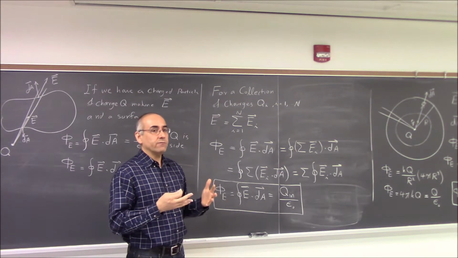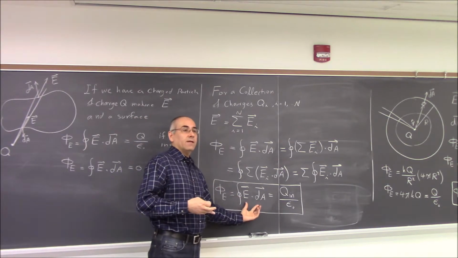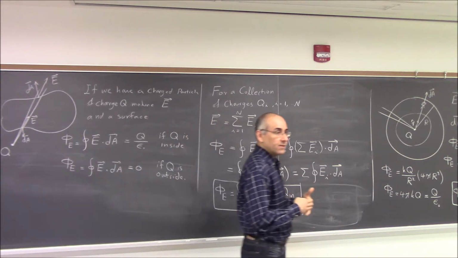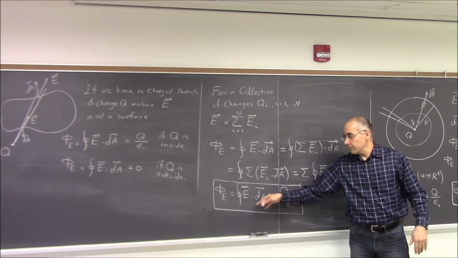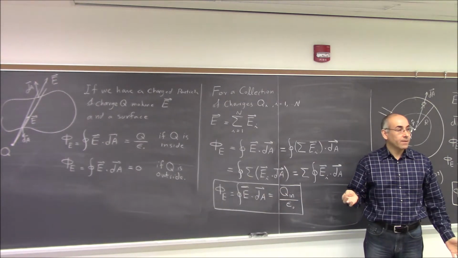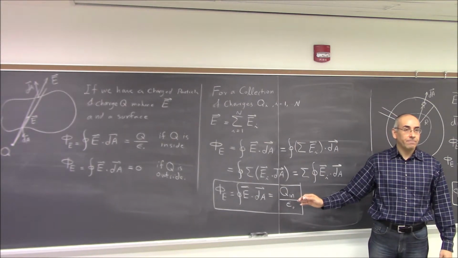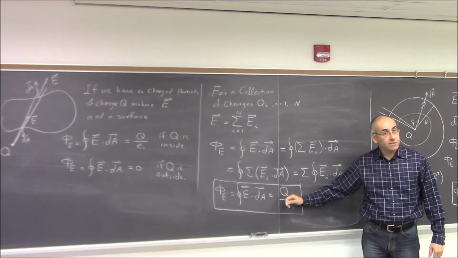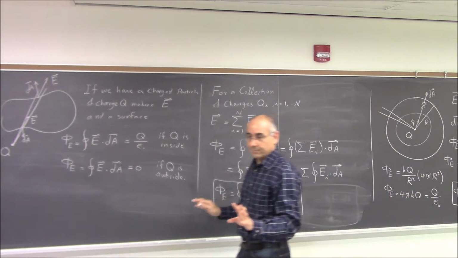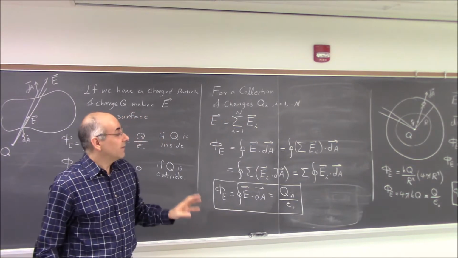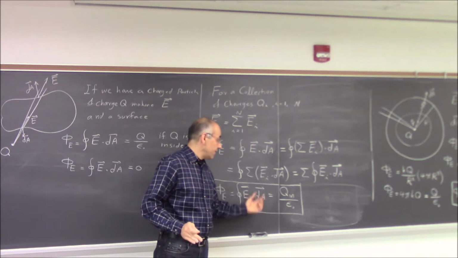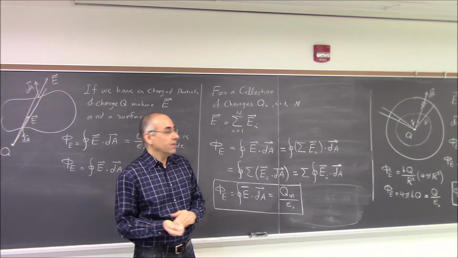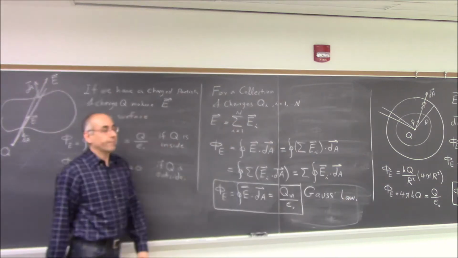If you have extra positive charge, the net E dot dA integral is positive. If you have net negative charge inside the surface, the flux through that surface is negative. So this is completely general. And the electric field is not only created by these charges, it's created by all the charges, which is very important, and this integral only depends on how much charge is inside. And that's Gauss law. All right.